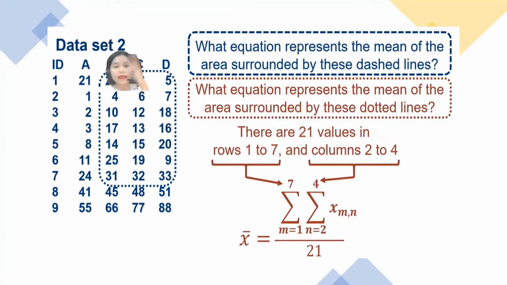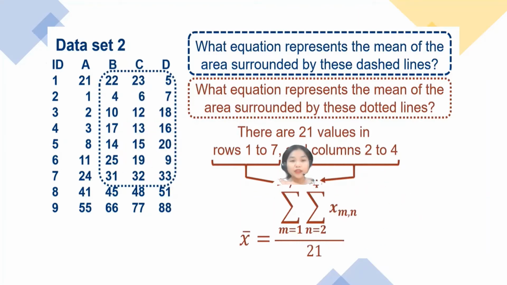For the columns, we have here the first column, the second column, the third column, the fourth column. So the enclosed region starts with the second column up to the fourth column. To write this equation, it's summation of x, m, n, as m goes from 1 to 7, because rows 1 to 7, and n goes from 2 to 4, because the included columns are 2 to 4.